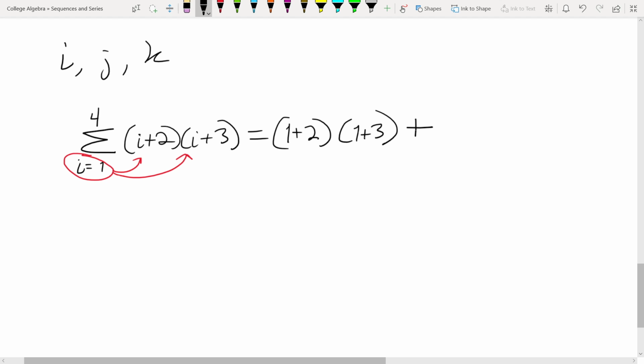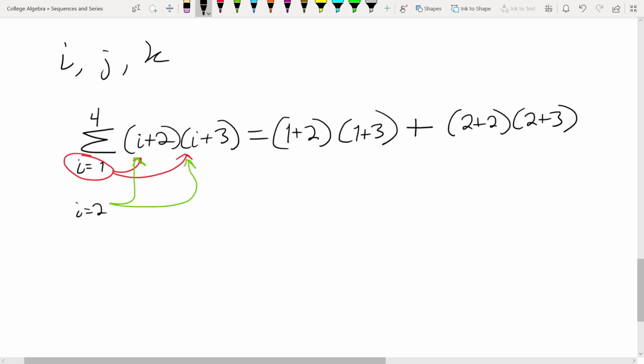So you're going to put a plus there between each term. Then we're going to add 1 to I. So now I becomes 2 because it was 1. And then we go I equal to 2, and we're going to plug that into each one of these terms. That gives us 2 plus 2 and 2 plus 3.